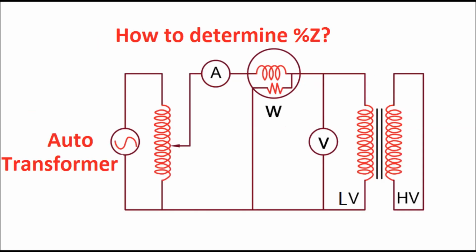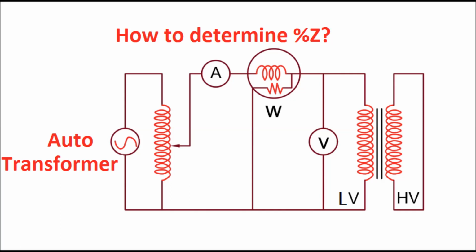Now, how to determine the percentage impedance of the transformer? In order to determine it, a short circuit test is done. To carry out the short circuit test of the transformer, normally a variable voltage supply is given in the LV side by keeping the HV side shorted.